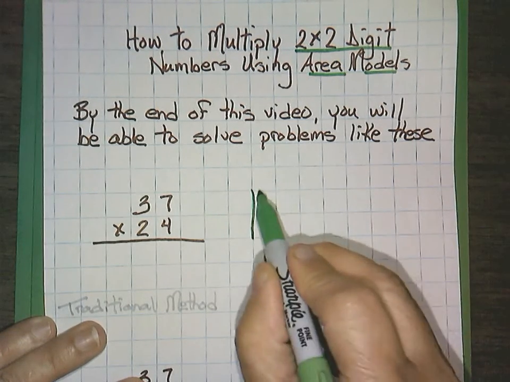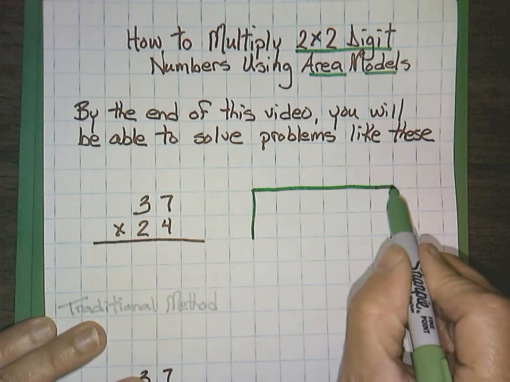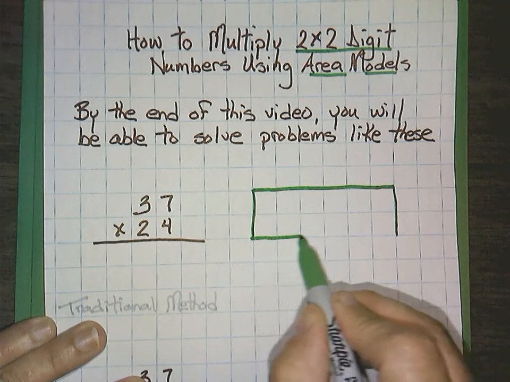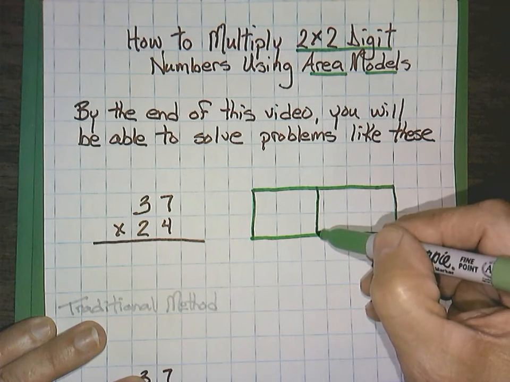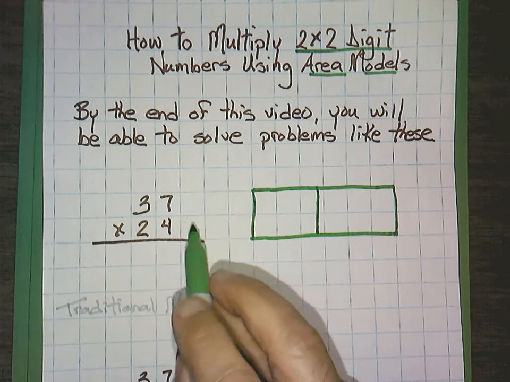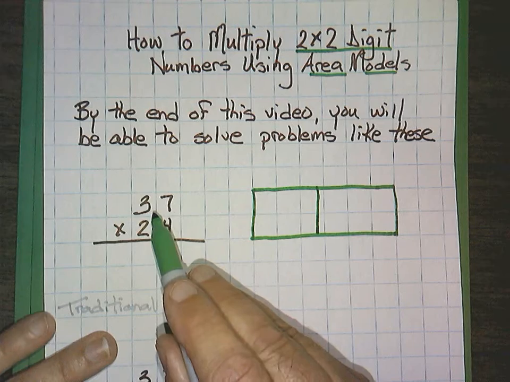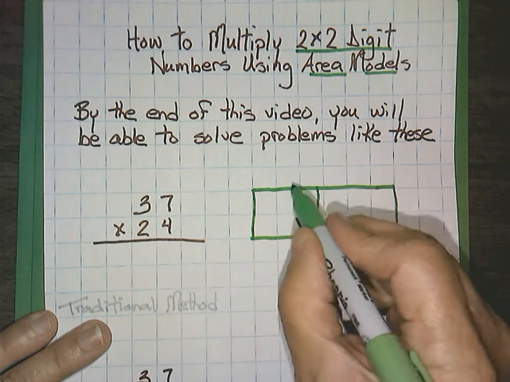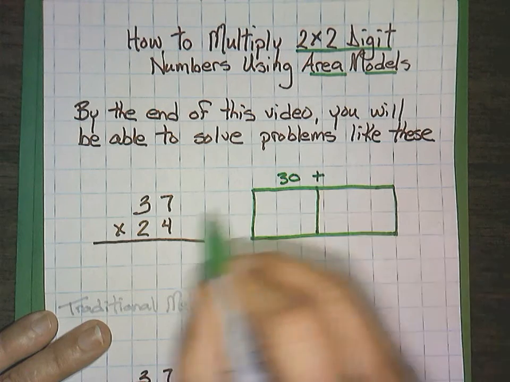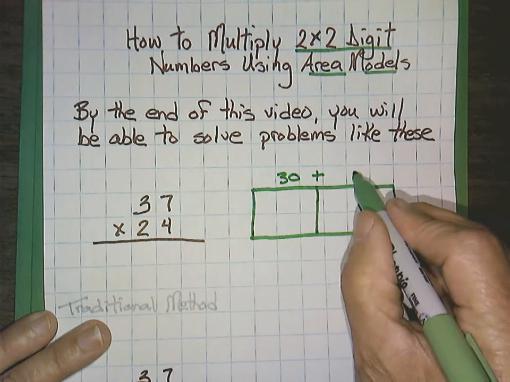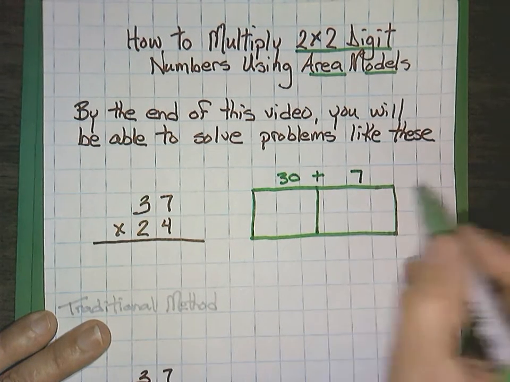So usually an area model will have a rectangle, something like that. And then 37 would be in expanded form, 30, which is our 3 tens, plus 7 ones.